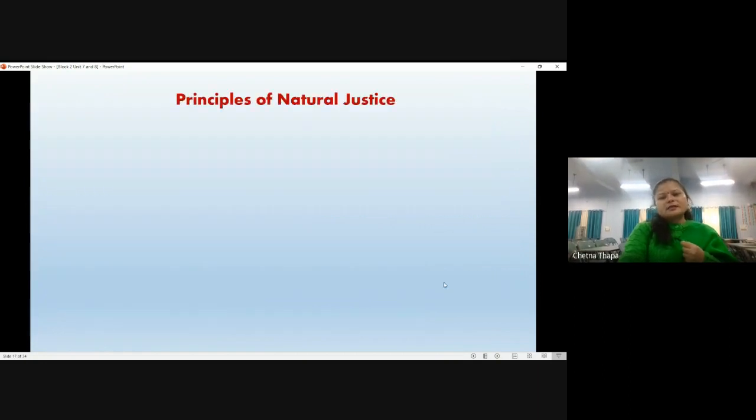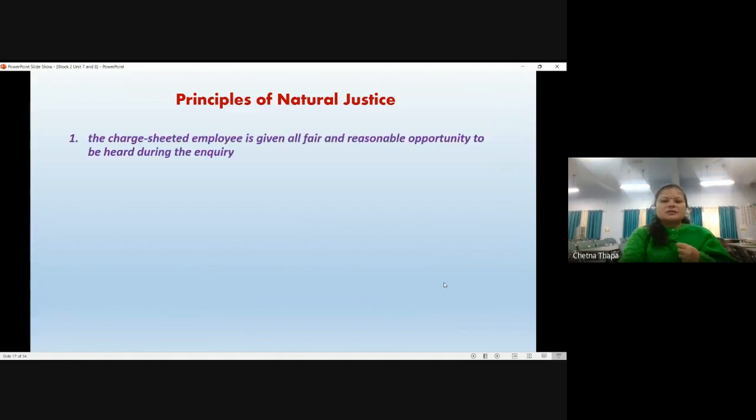Then next is, what are the principles of natural justice? The charge sheeted employee, who has done the misconduct, should be given a fair and reasonable opportunity to be heard during the inquiry.